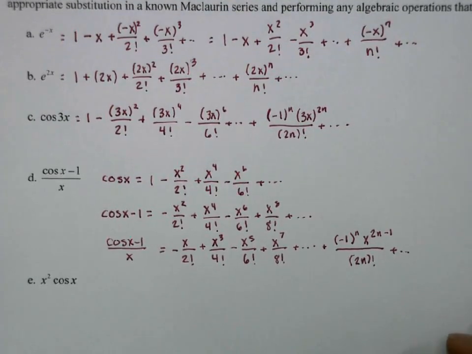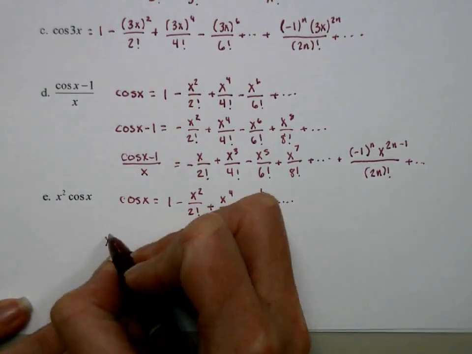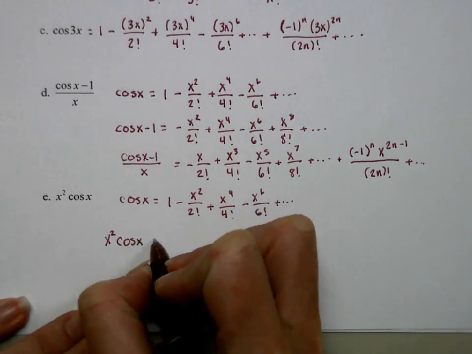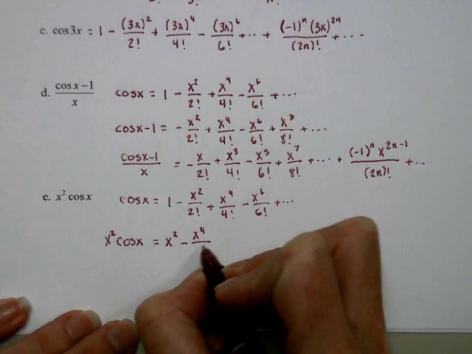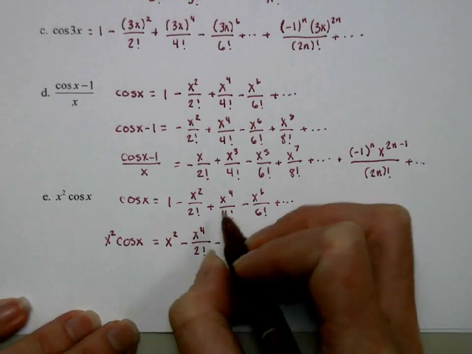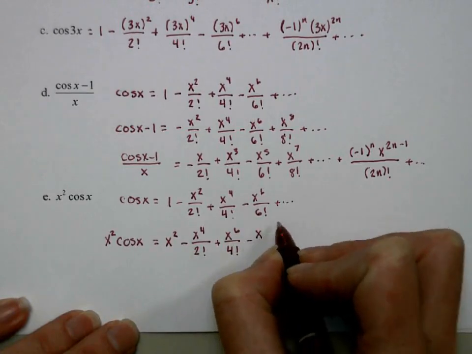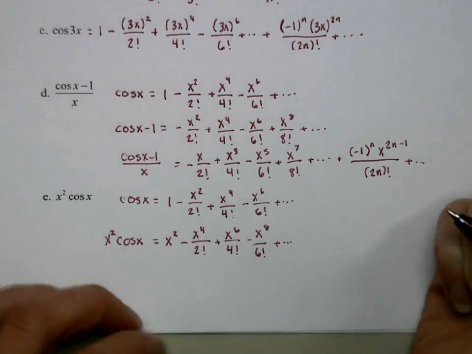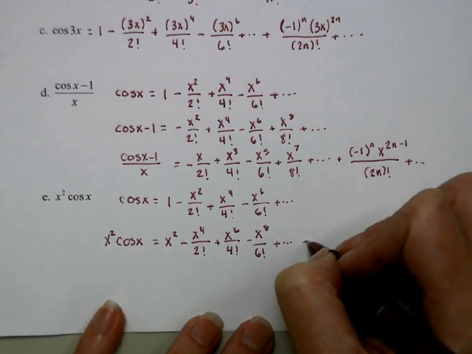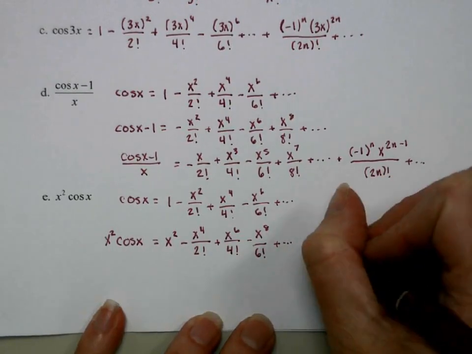Okay, for the next one, I'm going to go ahead and write cosine out again. Okay, then I'm going to multiply by x squared, which is going to make all of these powers go up by 2. For my general term, we're still alternating.